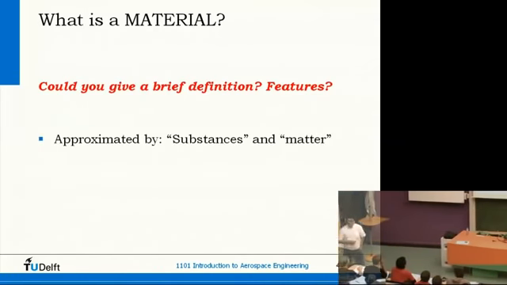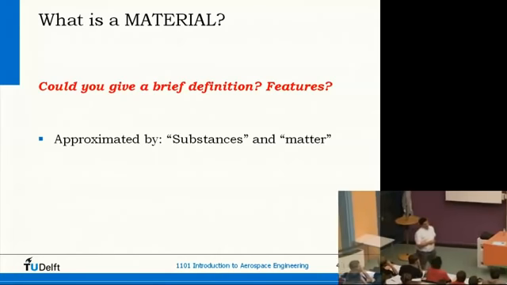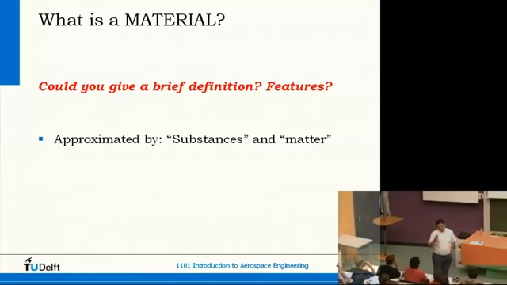Well, actually, to give a very crisp and clear definition, that's rather difficult. Also, if you look into textbooks and also in dictionaries, it is rather complicated to find a very neat definition. If we talk about materials, we often have to do with substances, with matter.